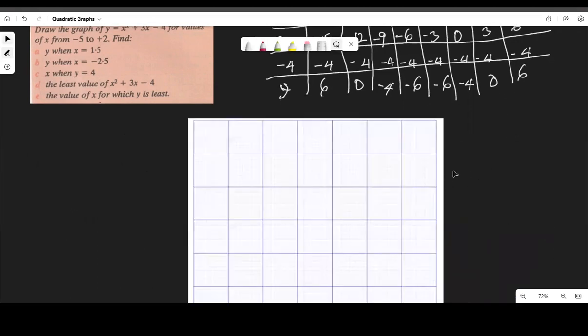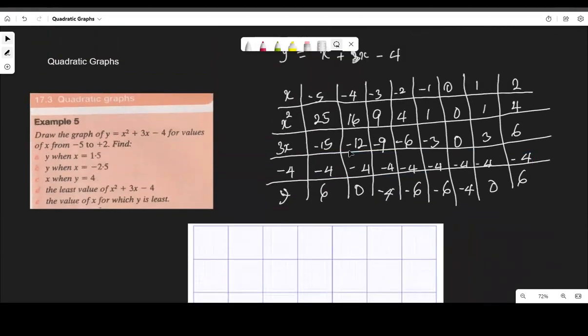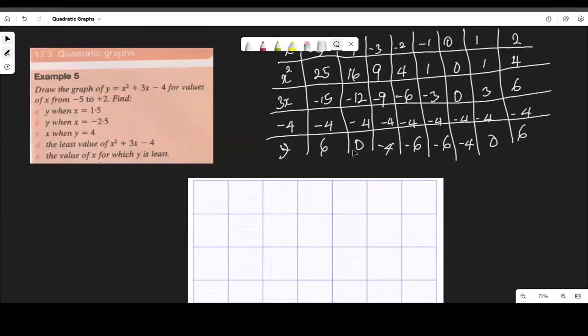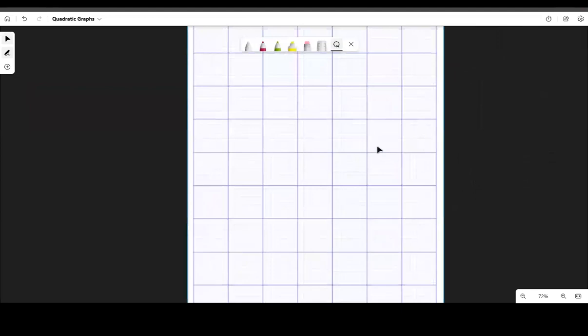Okay, now that we know the values of x and y, we can plot the graph. The values of x range from negative 5 to positive 2. Looking at this table, we have more negative values on the x-axis than positive. So when ruling the lines, I'm going to leave more space to the negative part of the axis.